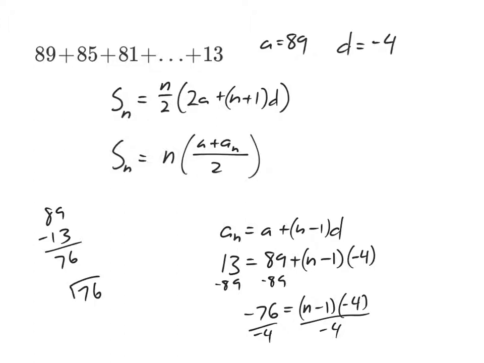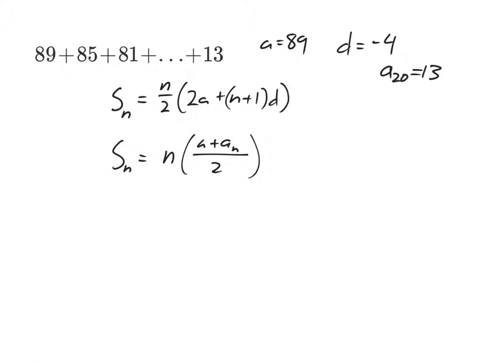So 76 divided by 4: 36 divided by 4 is 9, so that's going to be 19. So 19 equals n minus 1. If I add 1, I end up getting 20 equals n. So a sub 20 is 13. In other words, this is my 20th term if I count all of these.